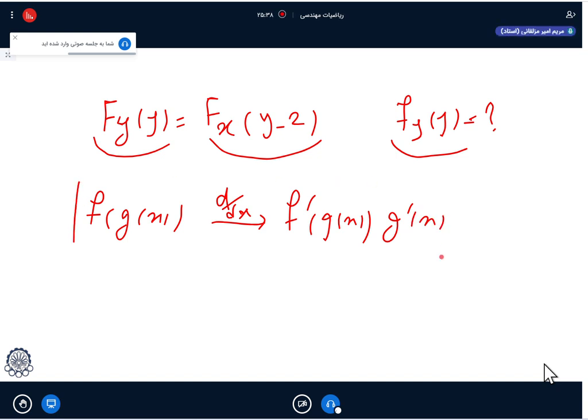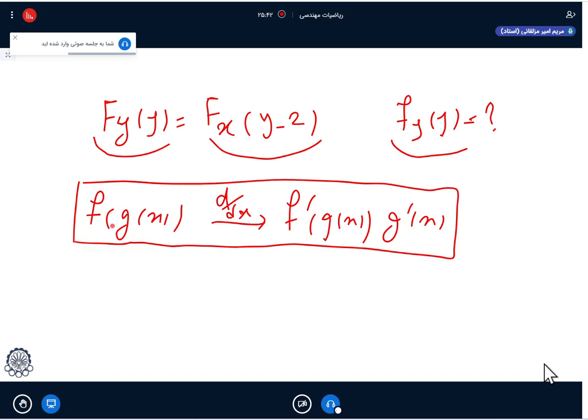We have this formula to take the derivative of a chain of functions, a composite function. Now we use this formula to compute the derivative of this function.